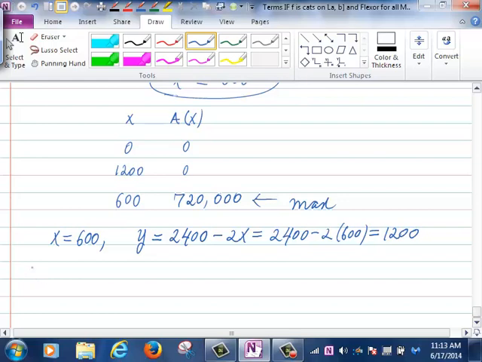So what's my final answer? I remember the question was how you should choose the dimensions to obtain the maximum possible area. So the dimensions that I need to pick are x is 600, y is 1200.